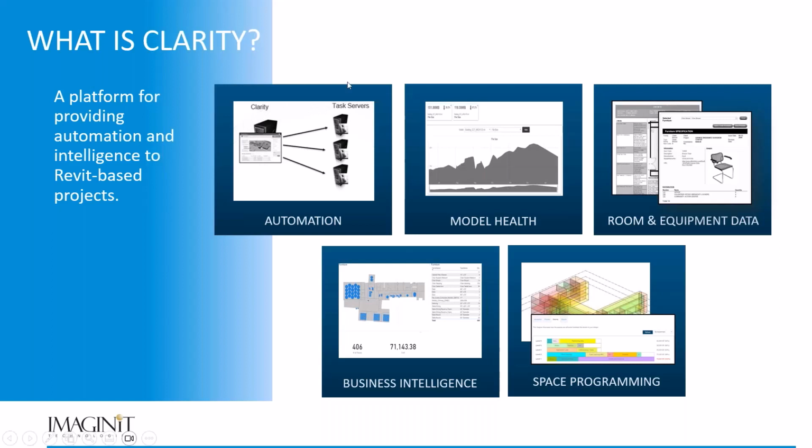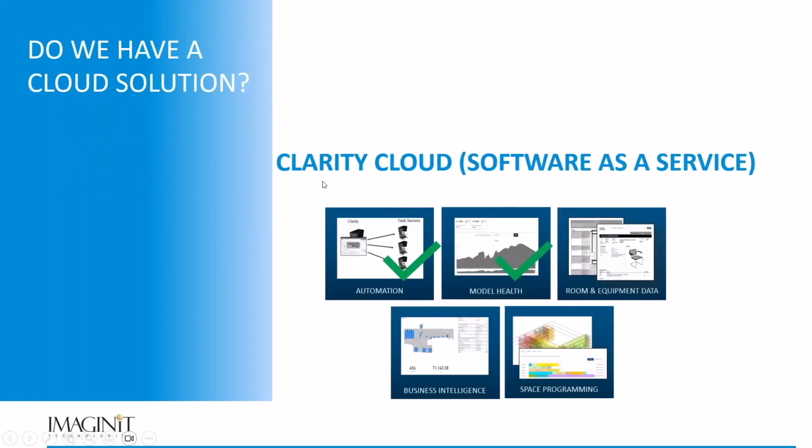The platform has grown over those 12 years into a wide variety of areas. This set of diagrams is mostly around our on-premise product, which is the 12-year-old version of the product. We have a much younger IMAGINiT Clarity Cloud product, which is the smaller version today.